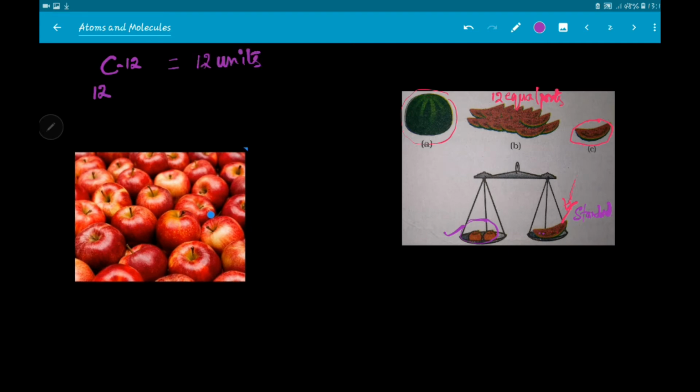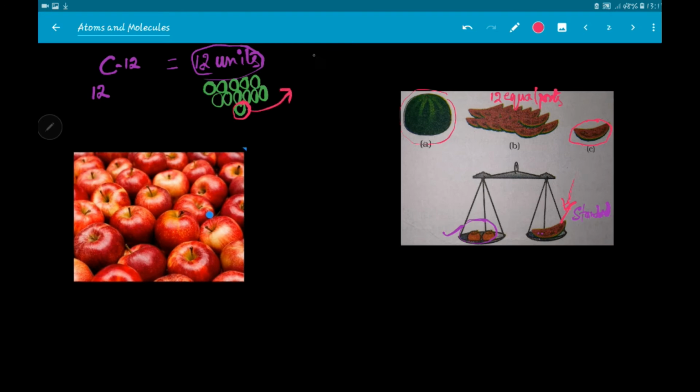The mass of carbon-12 is divided into 12 units. Now out of these 12 units, how many units are you going to take? You are just going to take 1 unit. That means you are going to take 1 unit of carbon out of 12. Therefore this is 1 AMU, 1 atomic mass unit.